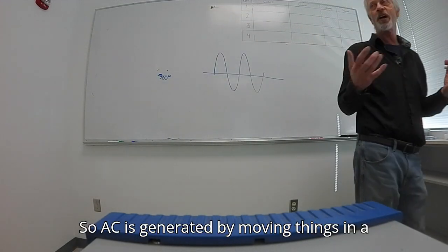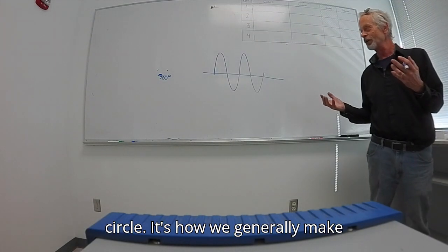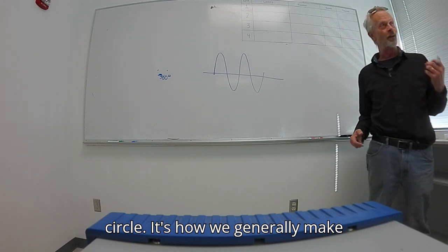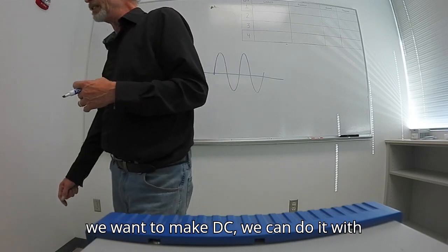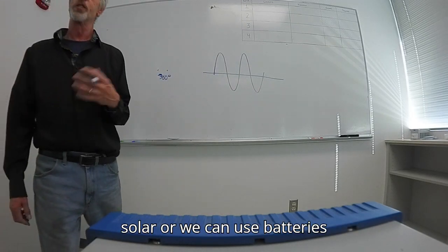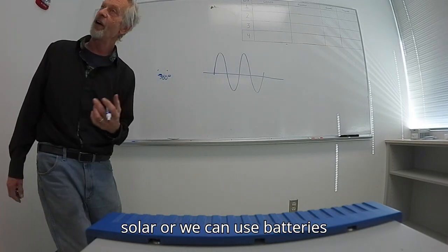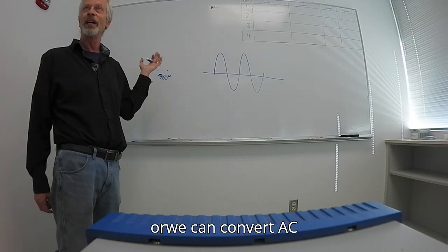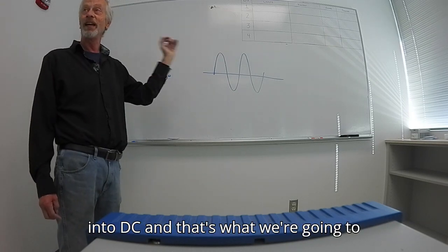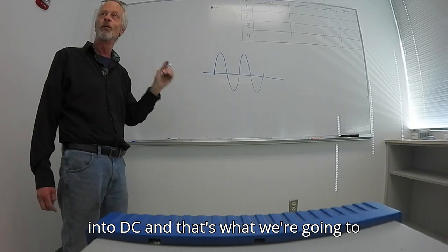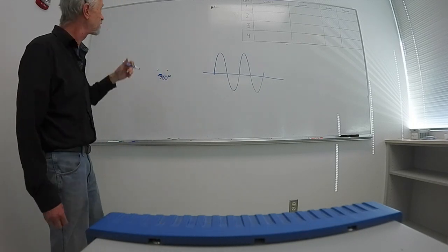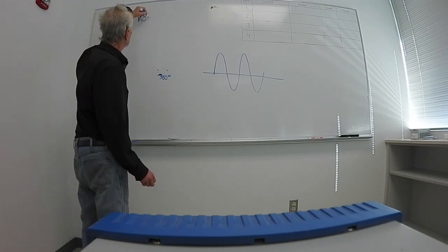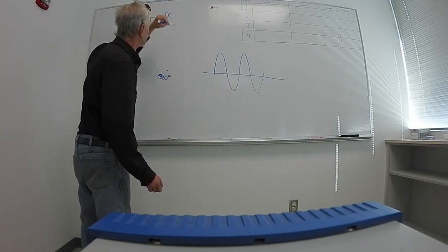So AC is generated by moving things in a circle. It's how we generally make most of our energy. If we want to make DC, we can do it with solar, or we can use batteries, or we can convert AC into DC, and that's what we're going to talk about next. Converting AC to DC.